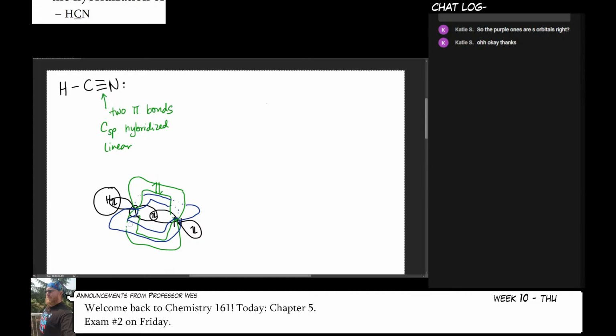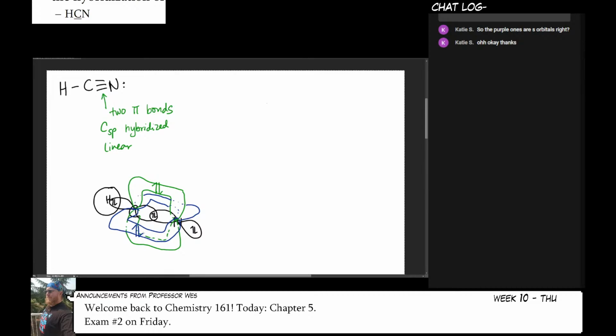That turned out okay, I guess. It should look pretty similar to our C2H2, except instead of a C, we have a nitrogen, and instead of an H on this side right here, we have an electron pair. Oh, I didn't put my electrons in this. There we go. So those go in there.